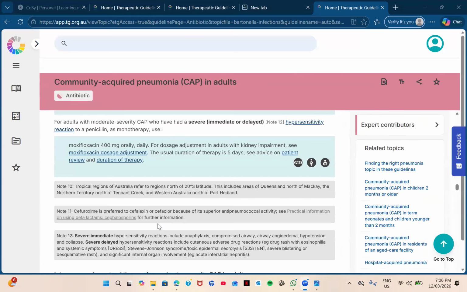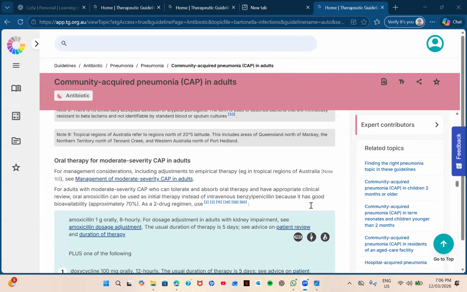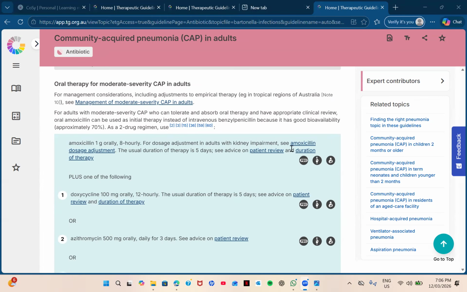For adults with moderate severity community acquired pneumonia who can tolerate and absorb oral therapy, with appropriate clinical review, oral amoxicillin can be used as initial therapy instead of benzyl penicillin because it has good bioavailability.